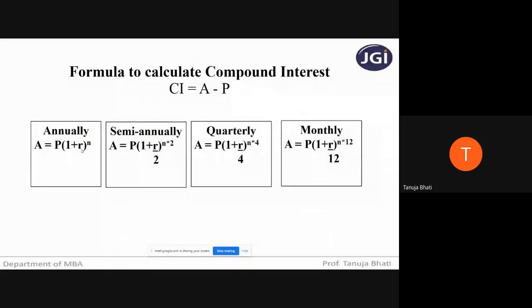Then you have a symbol of exponent in your scientific calculators. Just press on that and write n. N is for 4 years. So what is the amount you're getting on your scientific calculators? Again, I repeat, 5% for 4 years. Now 5% is 0.05 plus 1, which is 1.05 raised to n. N is 4 years.